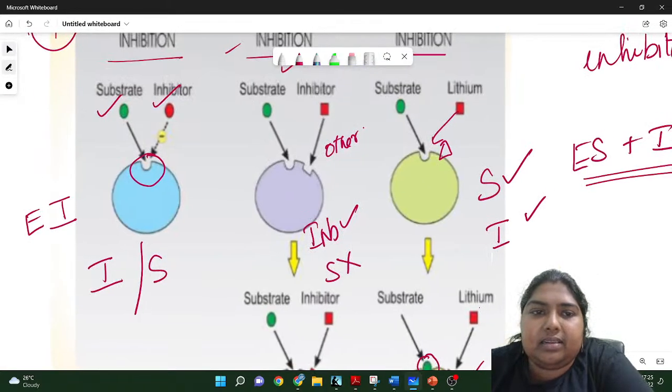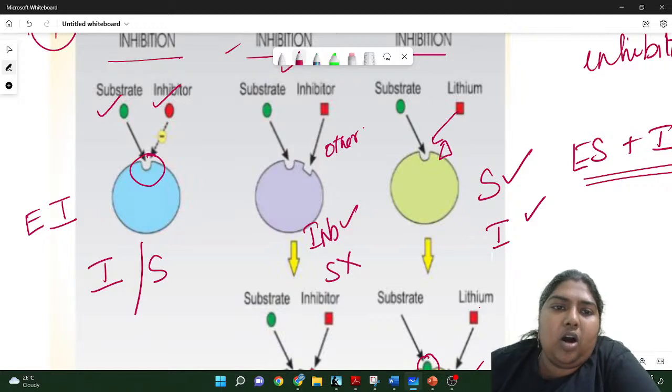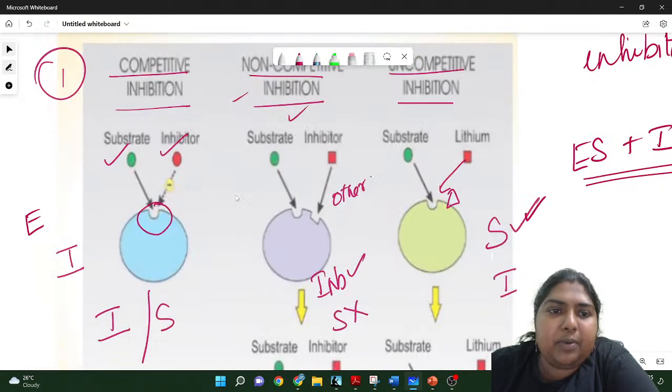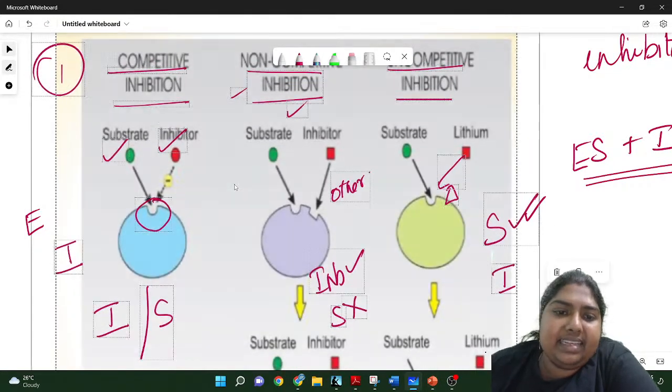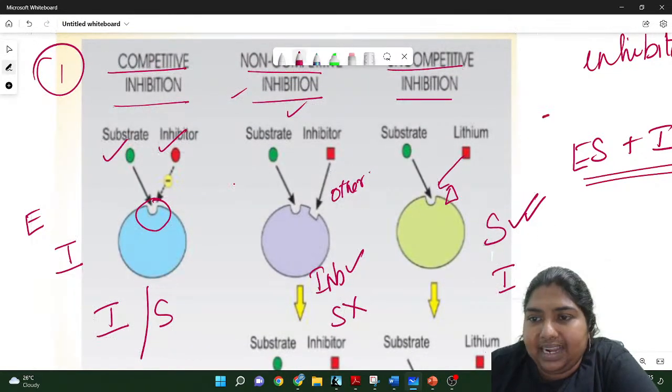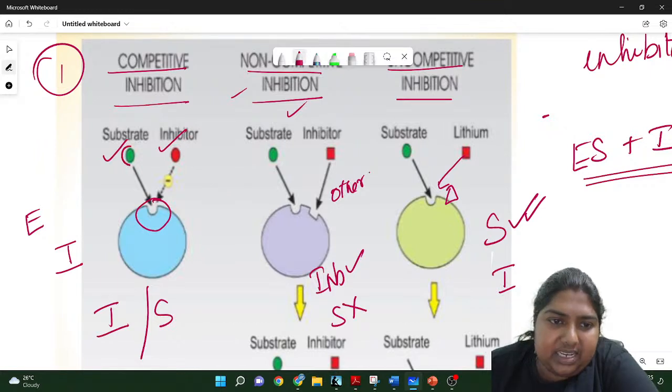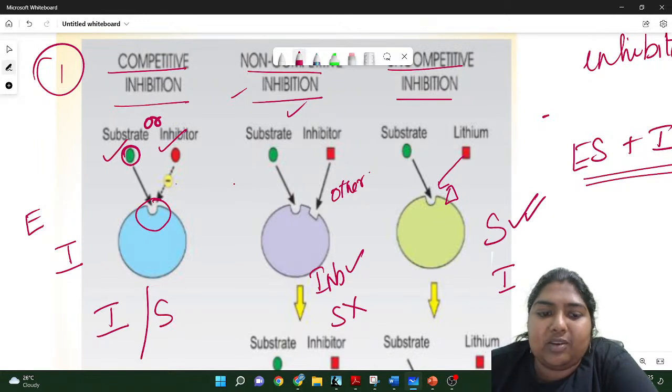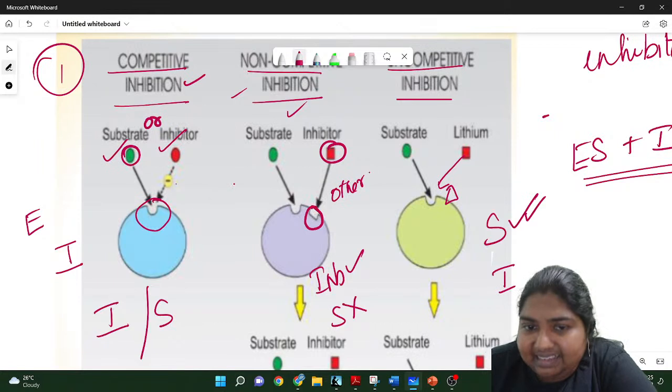If it is competitive inhibition, either your substrate can bind or your inhibitor will bind. So this is only the competitive inhibitor. In the case of the non-competitive inhibitor, the inhibitor binds to the other site, so that site is modified and your substrate cannot bind.